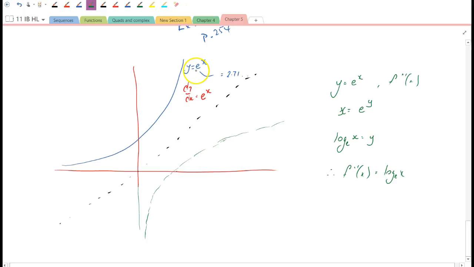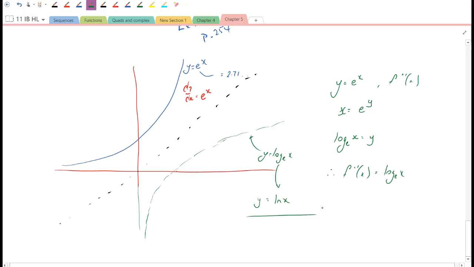So if my function is e to the x, my inverse function is y equals log base e of x, which is also referred to as the natural log, and more often than not written as y equals ln x, meaning log base e.